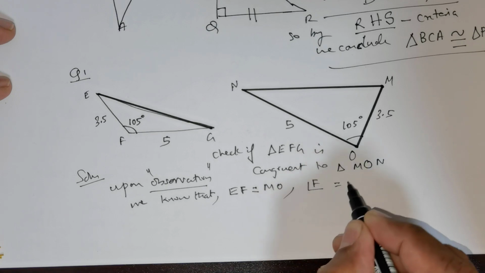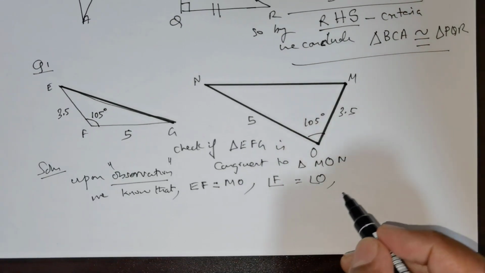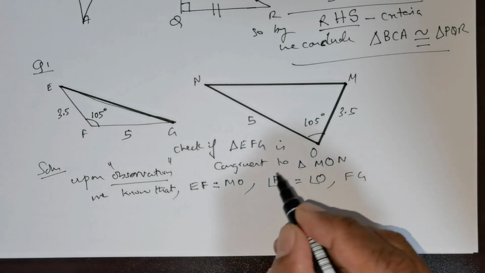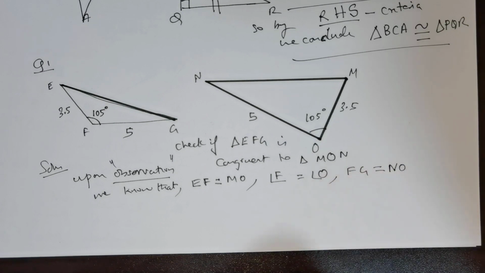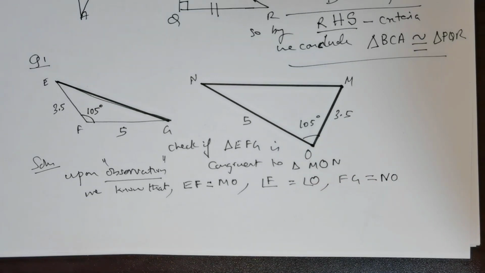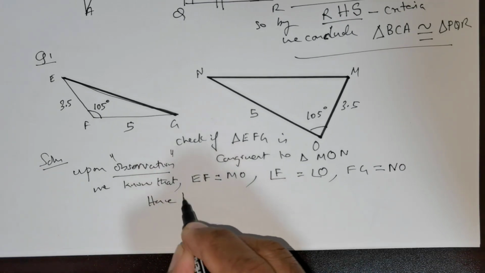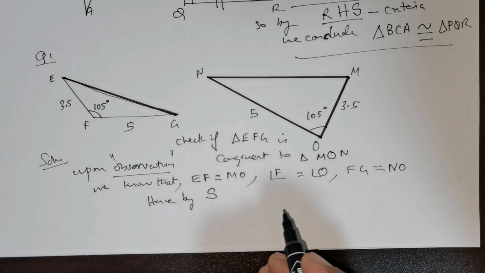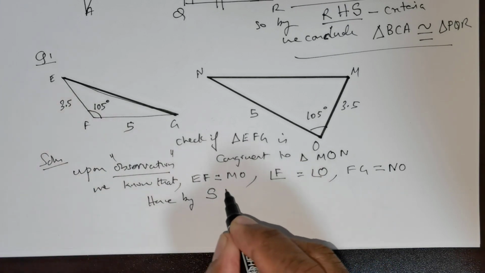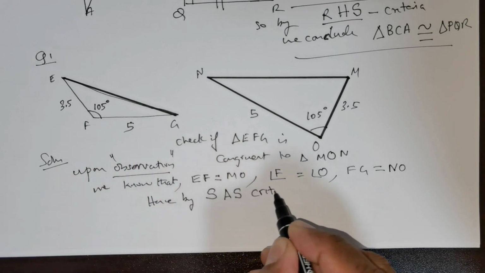Angle F is equal to angle O. Along with that, FG is equal to NO. So what you can derive from this, hence, by invoking, what is that criteria you're going to invoke? You're going to invoke side, angle, side criterion.